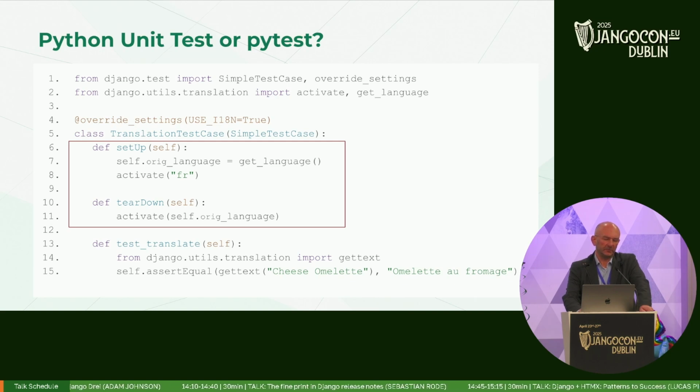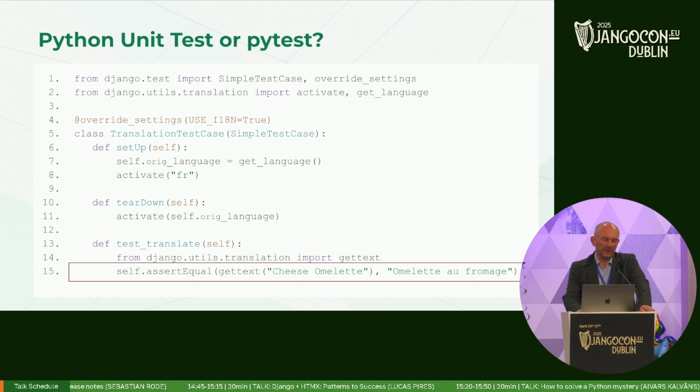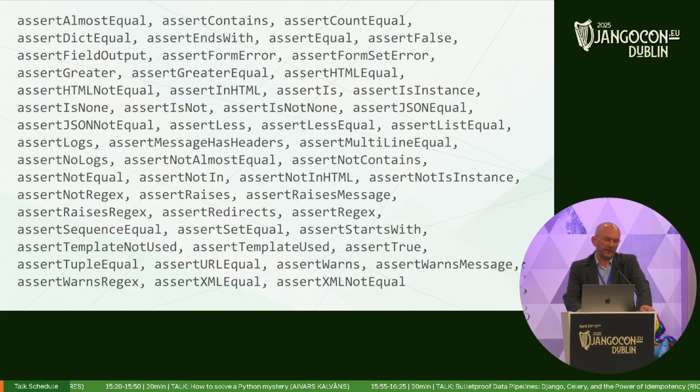In addition, there are the functions setup class and teardown class. They are called once for each testing class instantiation. In this example, I use assert equal to check if getText translates the string into French. The test case class offers more than 30 assert methods for different kinds of comparisons. So you always have to look up and search for the proper member function.